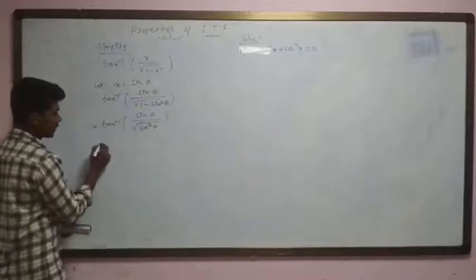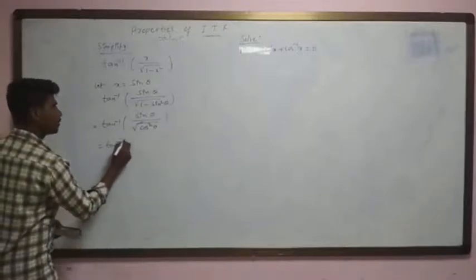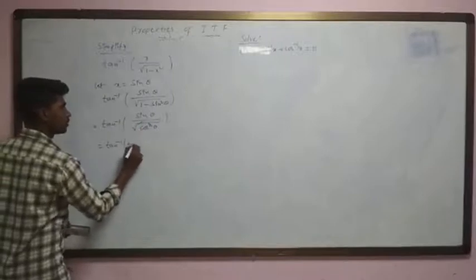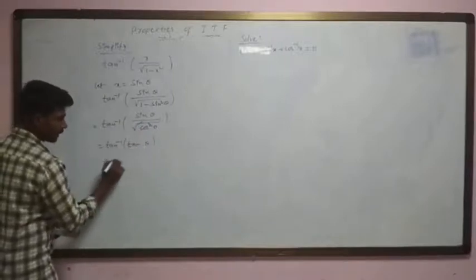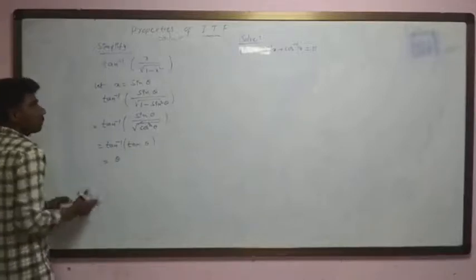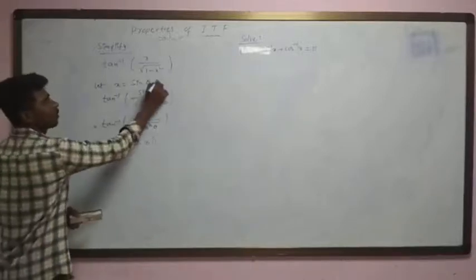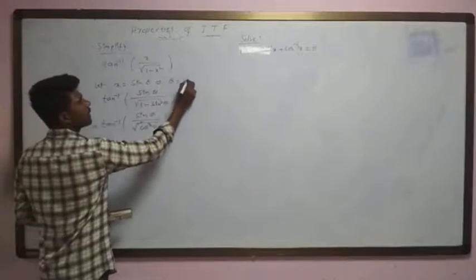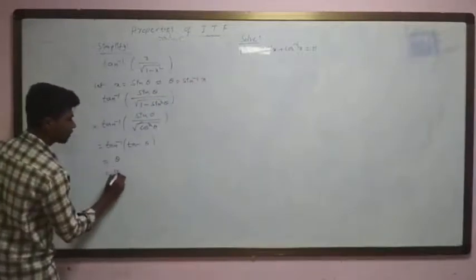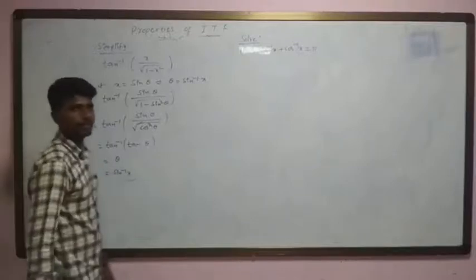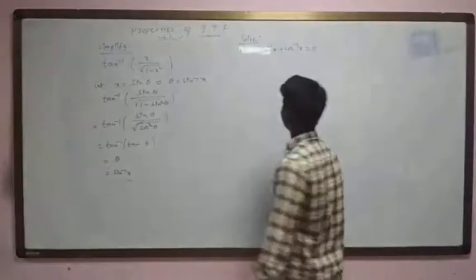Square and root get cancelled. Tan inverse of sin by cos, tan theta. So my answer is tan inverse of tan theta, which is theta. Now I have to replace this theta. Theta is equal to sin inverse x. So what is my answer? Sin inverse x.